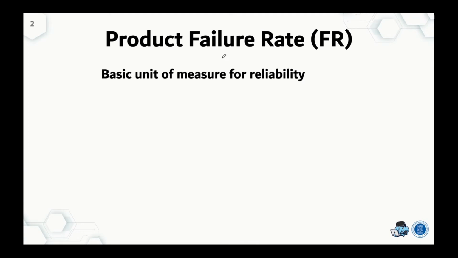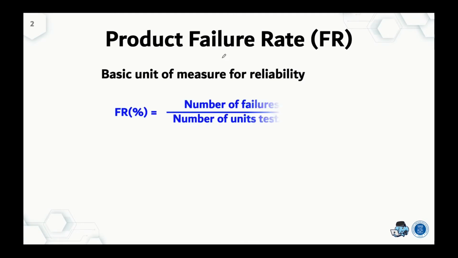Let's explain several terminologies. The failure rate is the basic unit of measure for reliability. The failure rate in percentage is defined by number of failures divided by number of units tested multiplied by 100%.